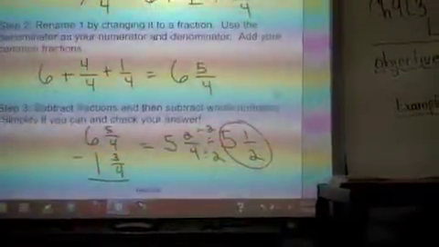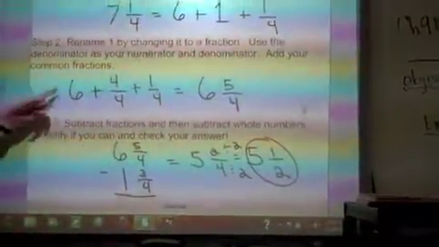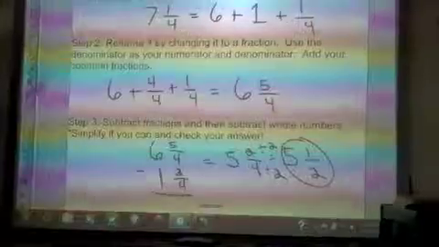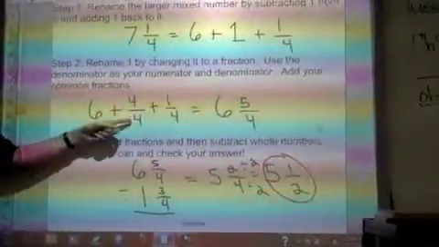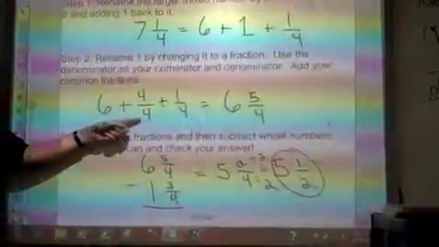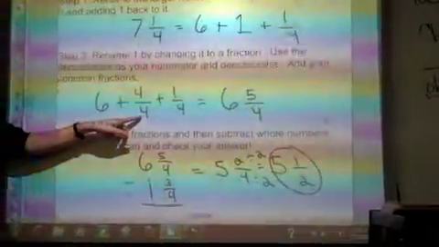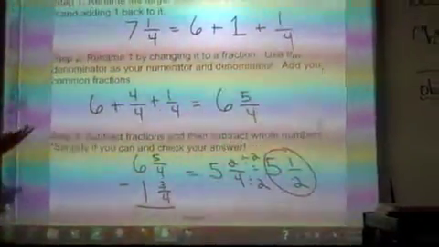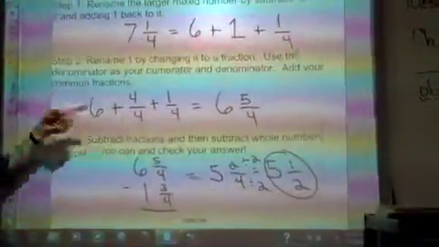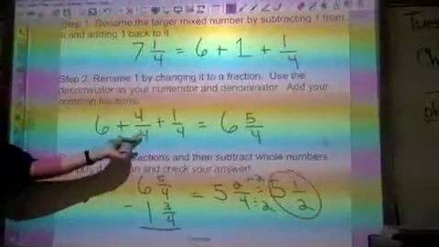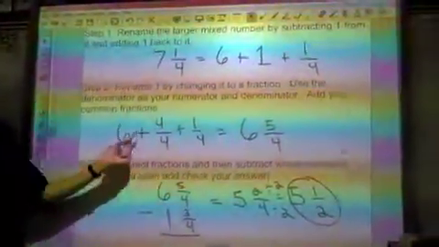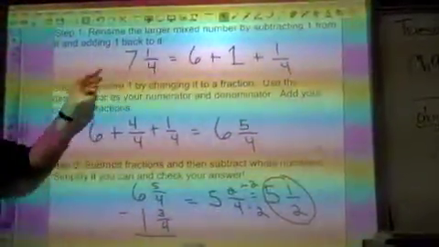It's never going to be 7 ever again, right? It's going to be 6 plus your fraction, because we renamed the 1. The 1 is now 4/4. We've used the denominator that's in the problem, 4, as our numerator and denominator. That's still 1 whole. So 6 plus this whole is still 7, plus our 1/4 is still our original 7 1/4.